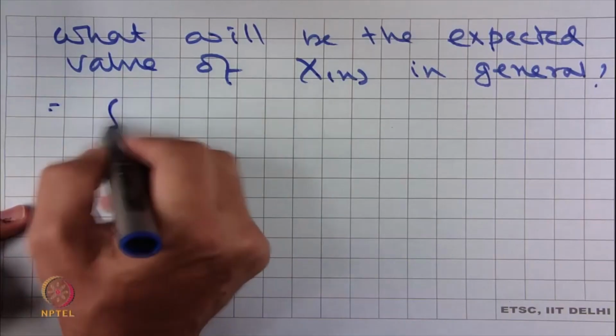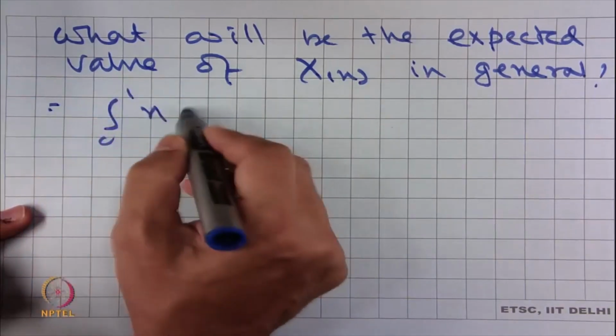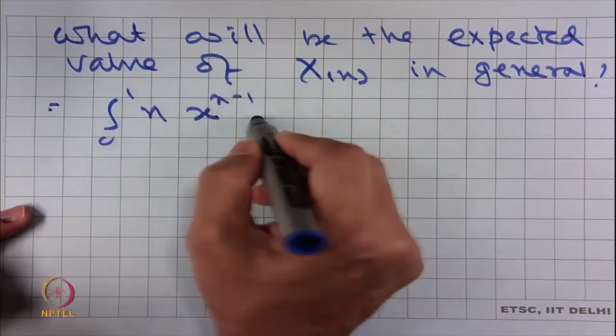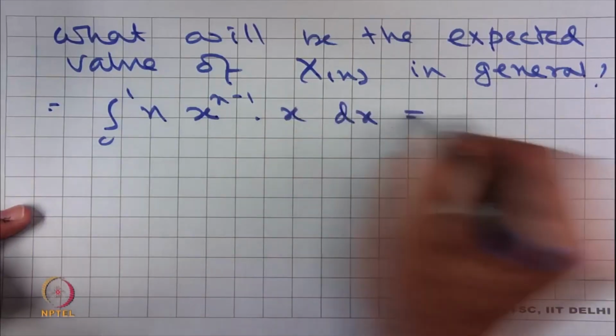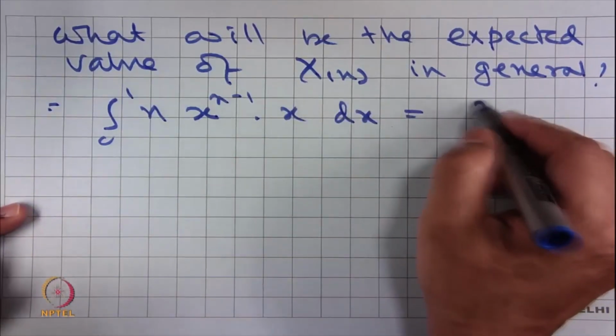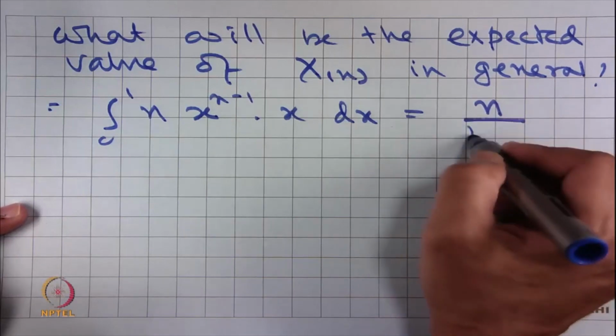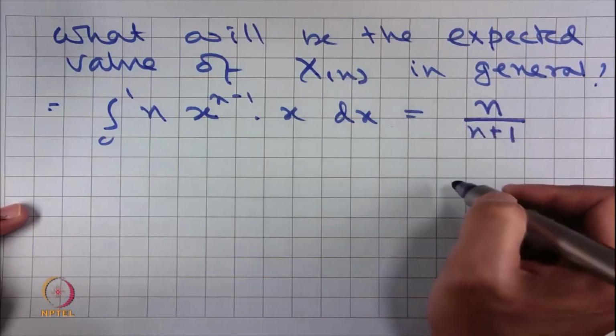Obviously, it is the integral from 0 to 1 of n x to the power n minus 1 times x dx, and it is n upon n plus 1.